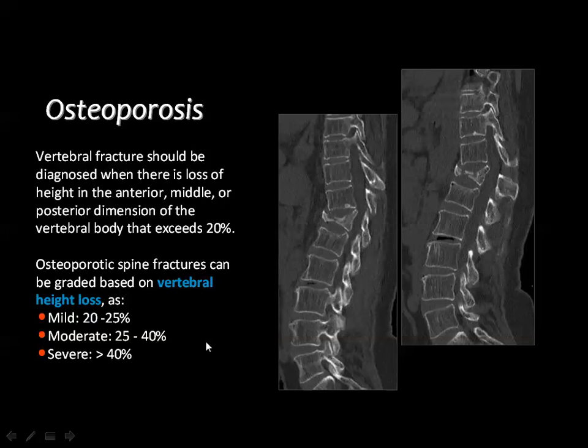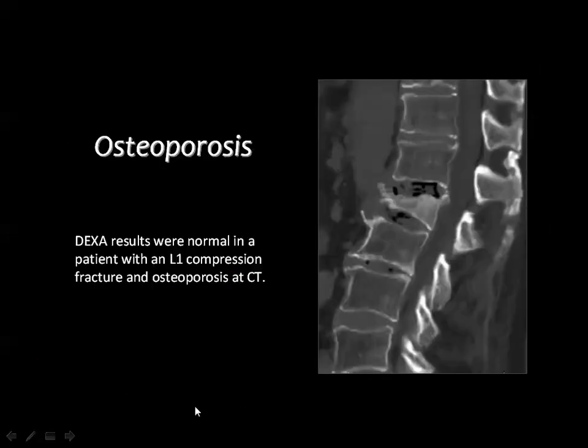The fracture is considered mild if it is in the range between 20 and 25% loss of vertebral height, moderate up to 40% loss of vertebral height, and severe osteoporotic fracture if there is more than 40% loss in the vertebral height.